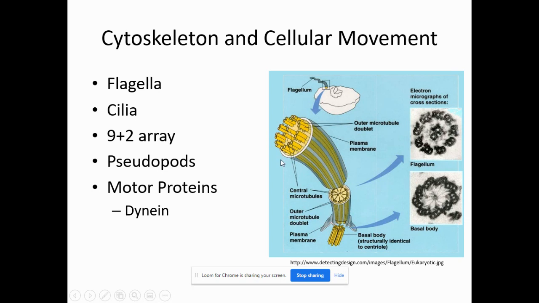So 9 microtubules around the outer part of the flagella or cilia, and then 2 microtubules in the middle. In addition to flagella and cilia, some cells use pseudopods for cellular movement.